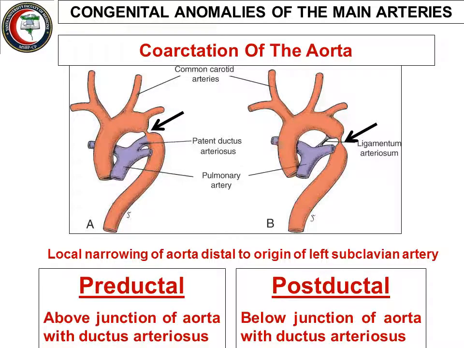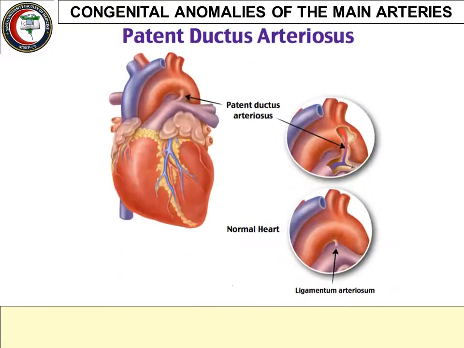Preductal, above the junction with ductus arteriosus, usually leads to patent ductus arteriosus. It persists, does not obliterate. But in the postductal case, just below the communication with the ductus arteriosus, the duct is transformed into the ligament called ligamentum arteriosum. Local narrowing of aorta.